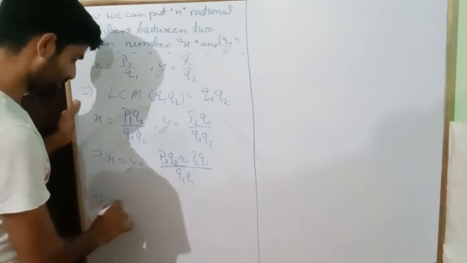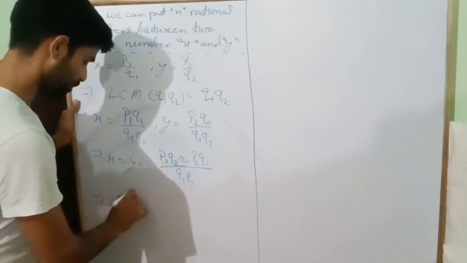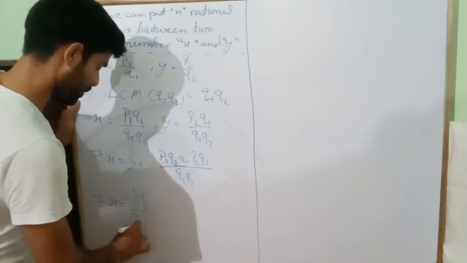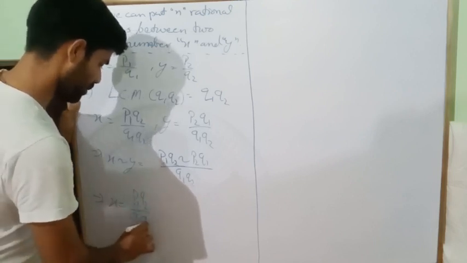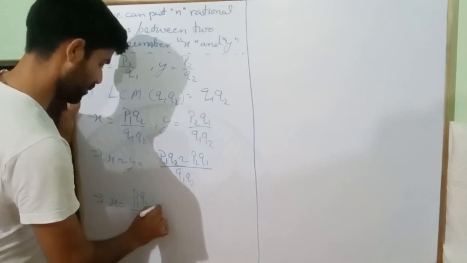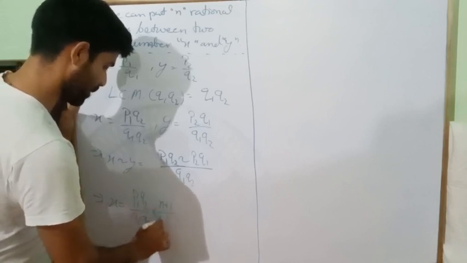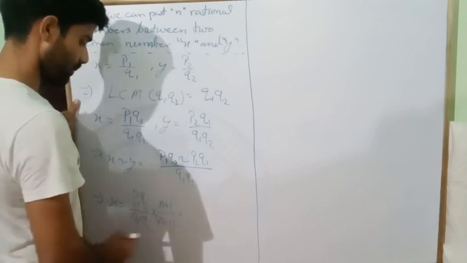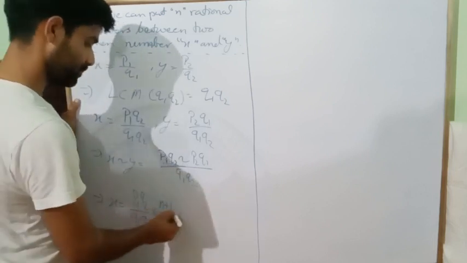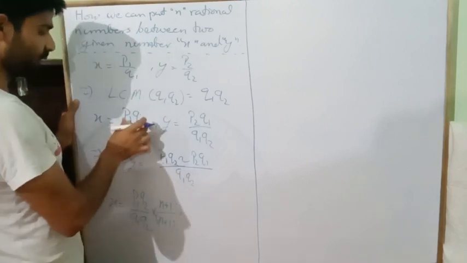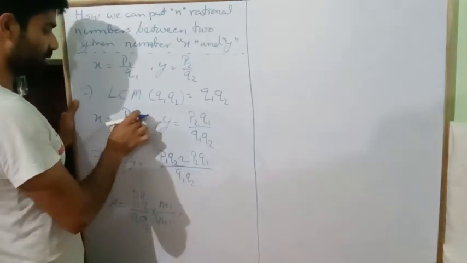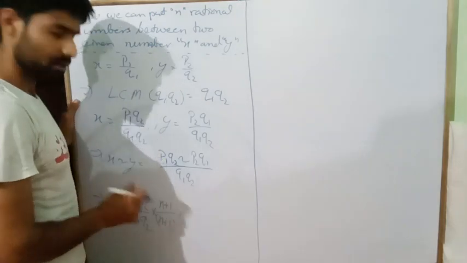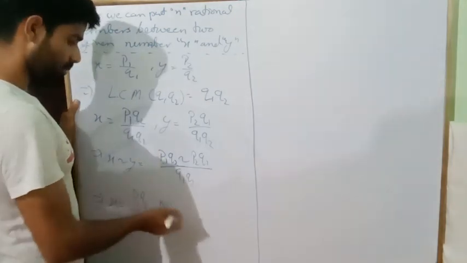That is, x is converted as p1 q2 upon q1 q2 into n plus 1 upon n plus 1, and if we consider that p1 q2 upon q1 q2 is equal to x dash.